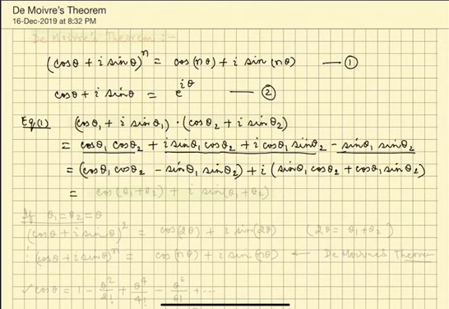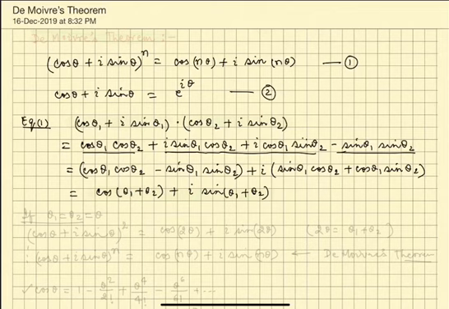So from the trigonometric function, cos theta 1 cos theta 2 minus sin theta 1 sin theta 2 is cos(theta 1 + theta 2), you know that. And sin theta 1 cos theta 2 plus cos theta 1 sin theta 2 is sin(theta 1 + theta 2).